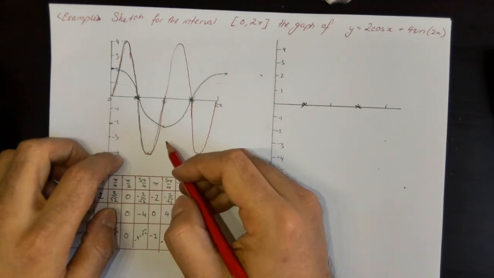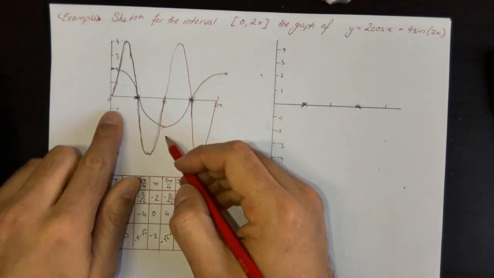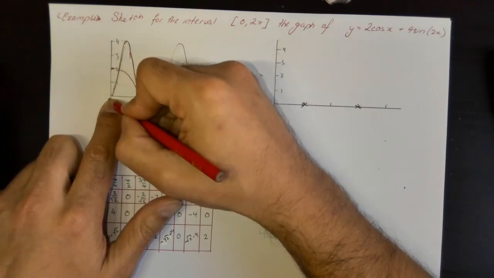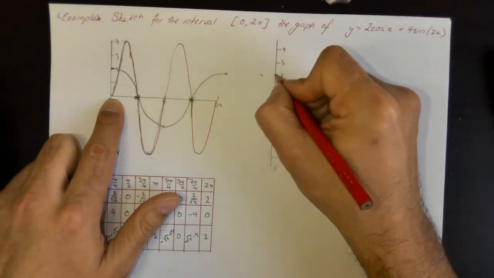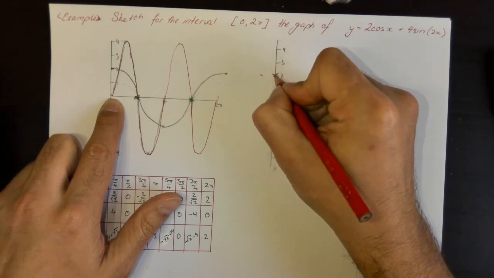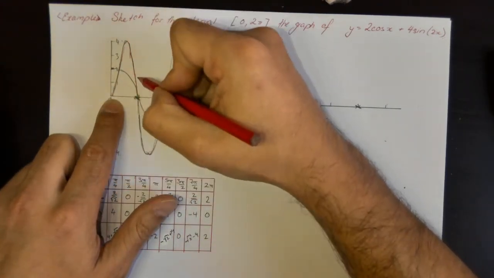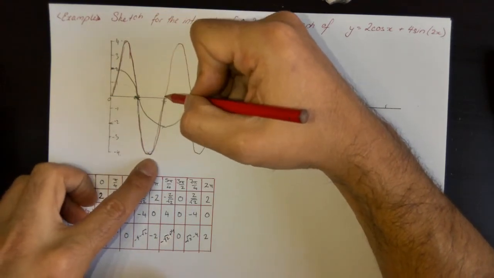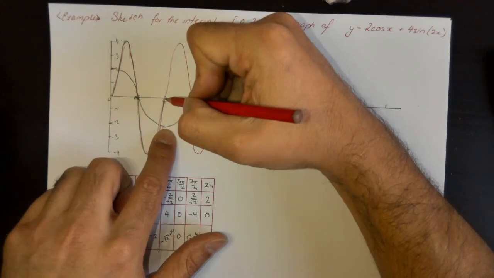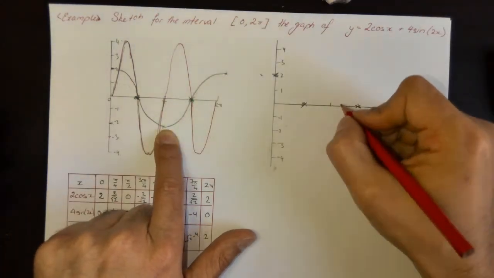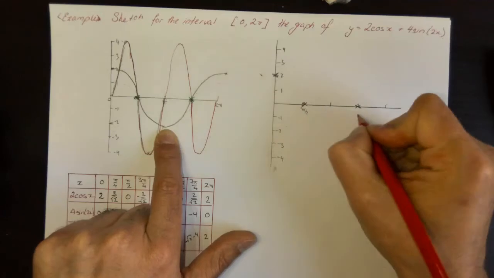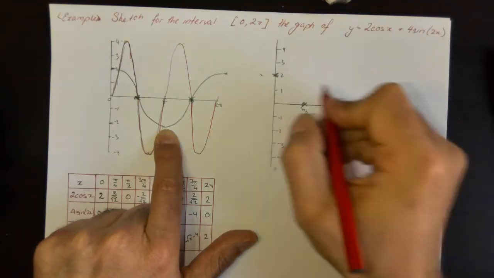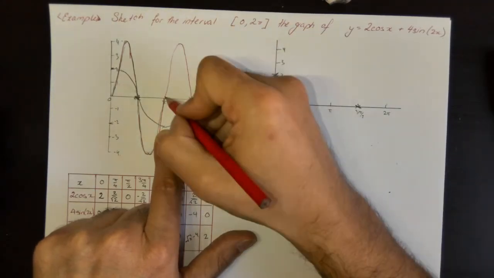Alright, looking at this point at 0, we've got 2 and 0. Well, 2 plus 0 is going to just stay at 2. So we got another one here at pi. So this is pi on 2, pi, 3 pi on 2, 2 pi, because that's what we need to be drawing the graph for.